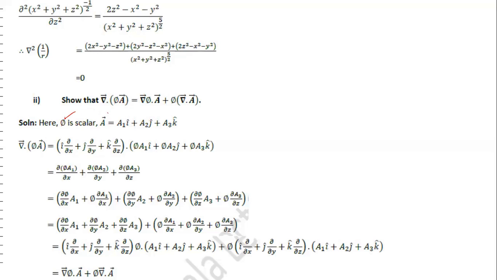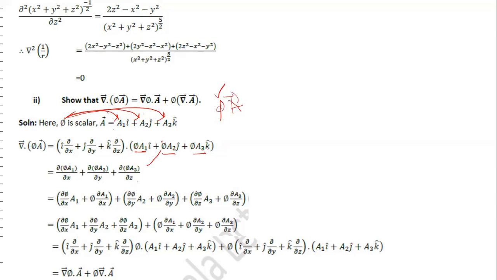When you multiply a scalar and a vector, you have to multiply all the components of the vector with the scalar. When you multiply to all the components of the vector, this is what you are going to get, right? So when you take a divergence like this, i dot i is 1, so del phi a1 upon del x; j dot j is 1, del phi a2 upon del y; k dot k is 1, del phi a3 upon del z.